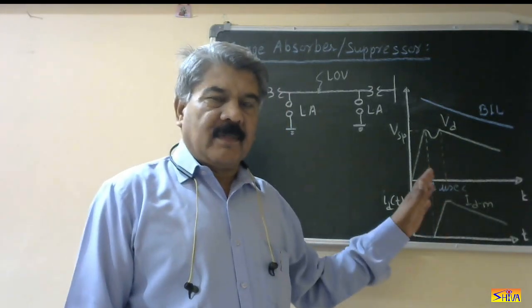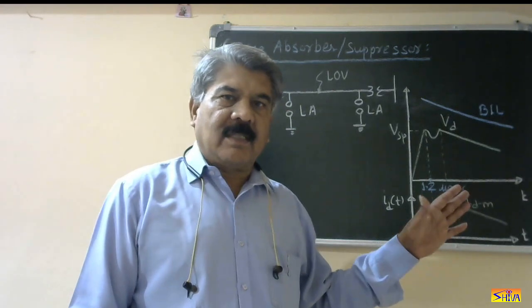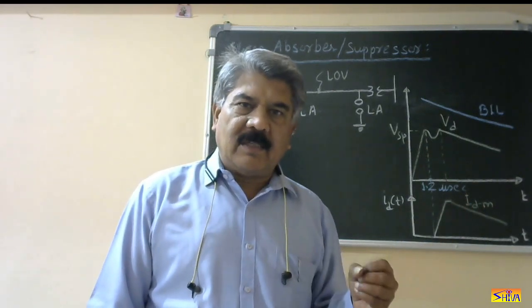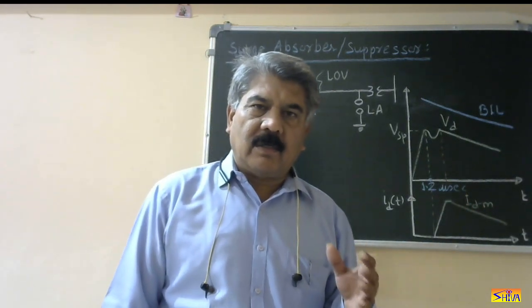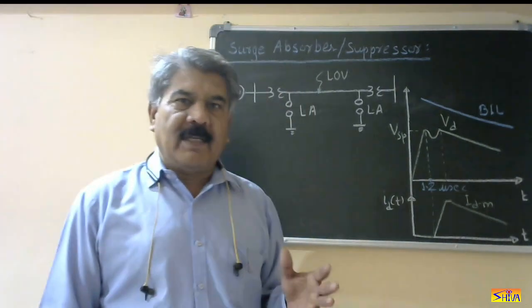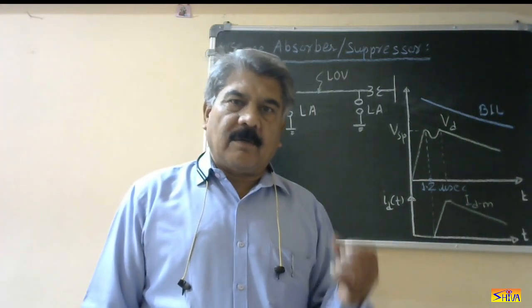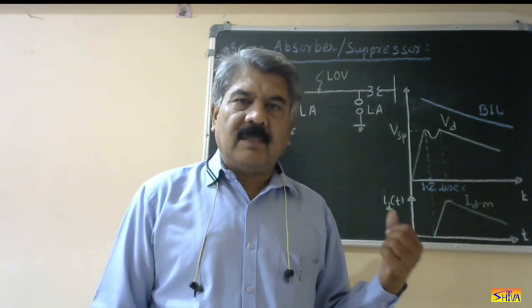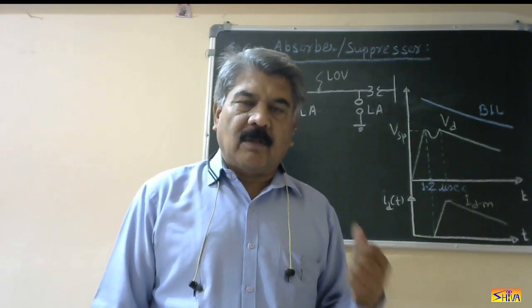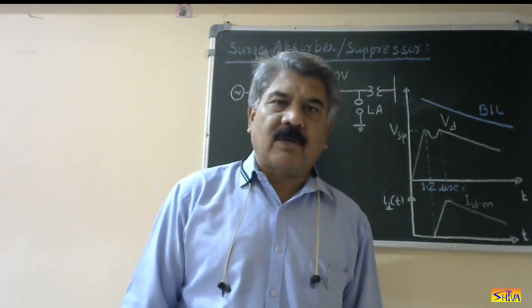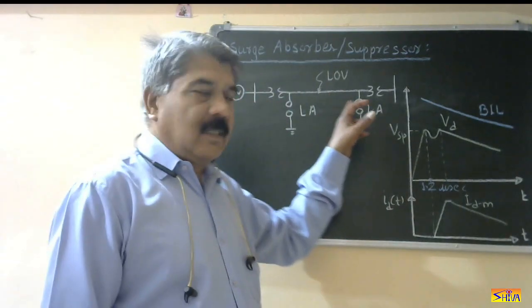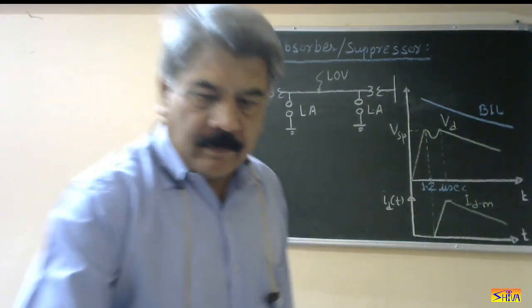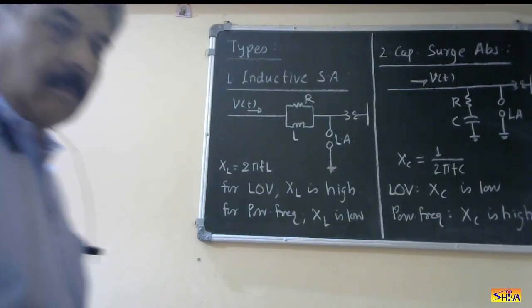That is what surge absorber or surge suppressor is. It not only reduces the steepness but also reduces some of the amplitude of this lightning over voltage. Now let us see what are the different types of this surge absorber.